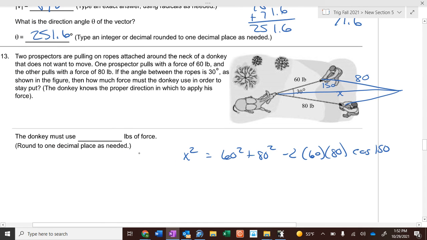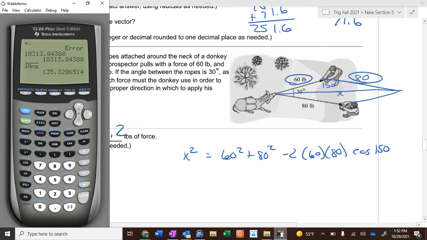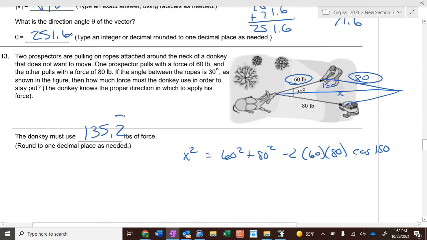And you got 135.2. Which makes sense because if this is 60 and this is 80, they add up to about 140. So if they're in a straight line, they'd be at 140. So since they're off at an angle, they lose a little bit of their force. So they're at 135.3.